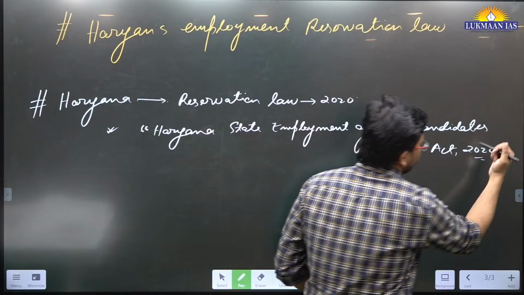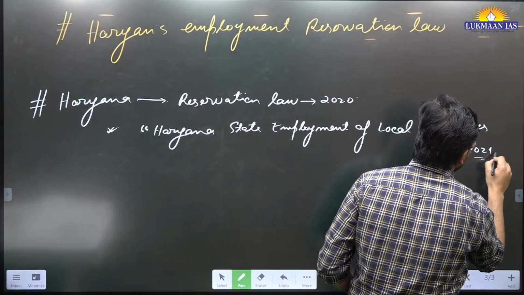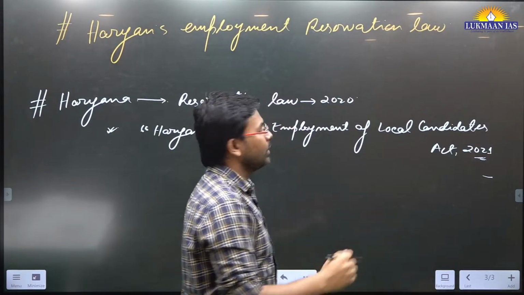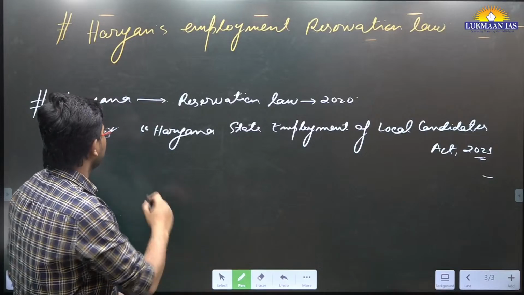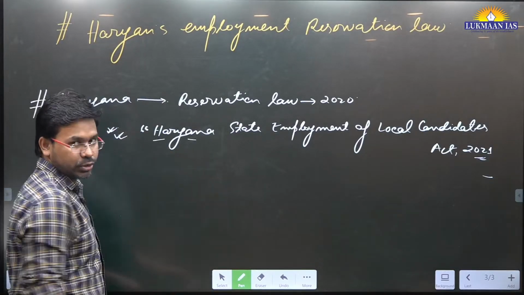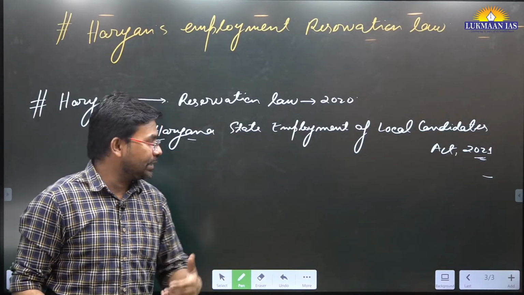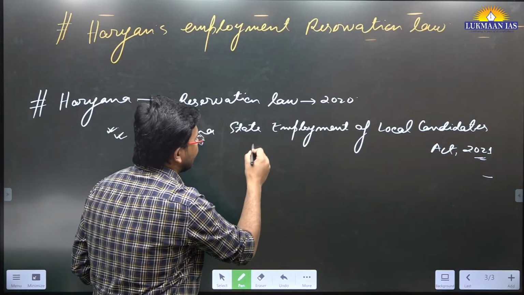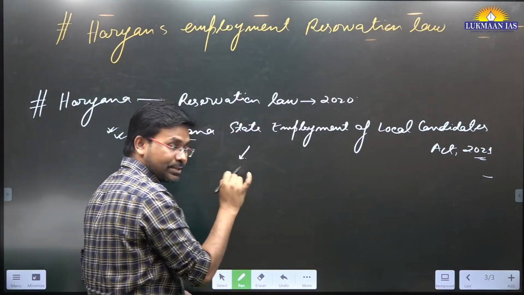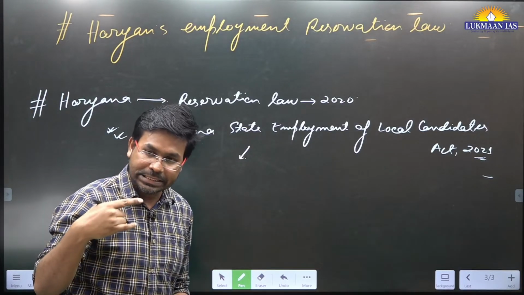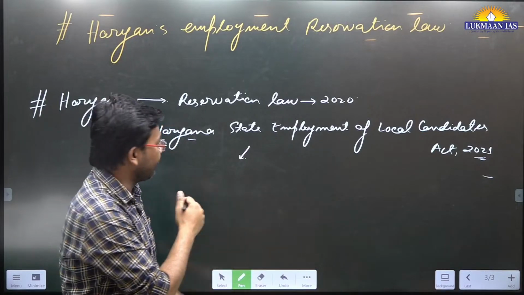So the bill was introduced in 2020, and they passed it in 2021. It got the assent of the governor also. According to this particular act, it has become an act because it received assent of the governor in 2021.